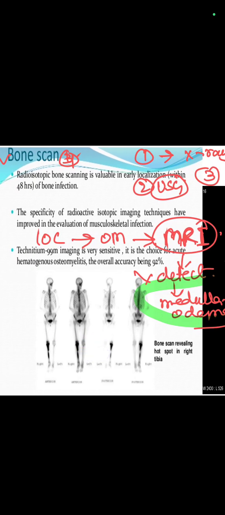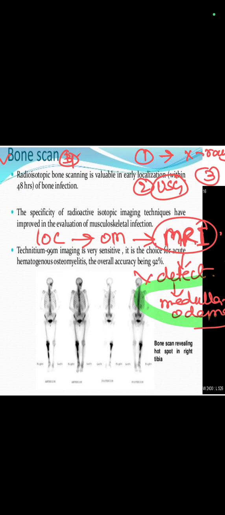Investigation of choice in osteomyelitis is MRI, and radioisotope bone scanning is valuable in early localization within 48 hours of bone infection. The specific radioactive isotopic imaging techniques have improved the evaluation of musculoskeletal infection. Technetium-99m imaging is very sensitive.